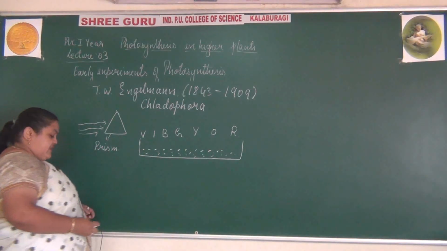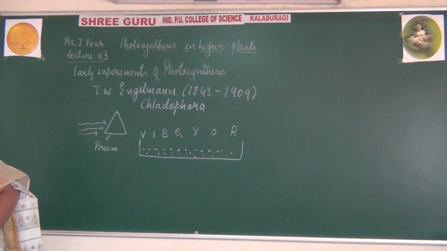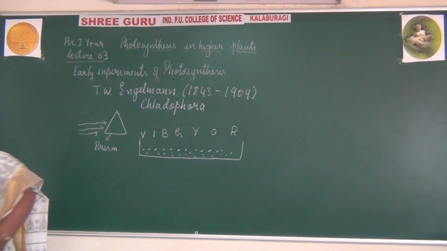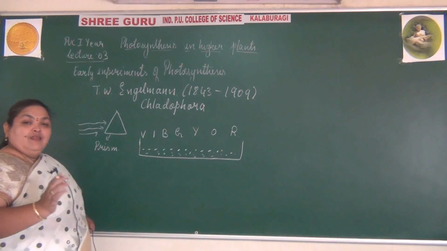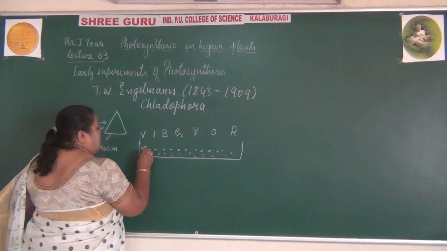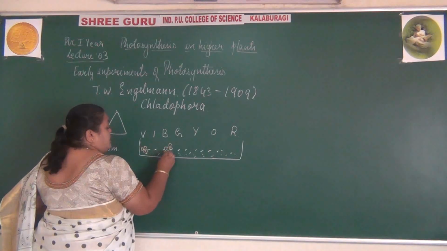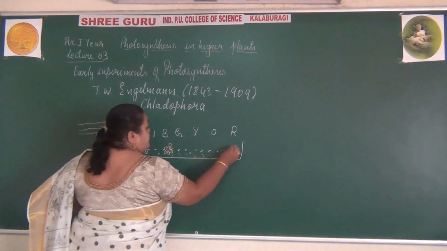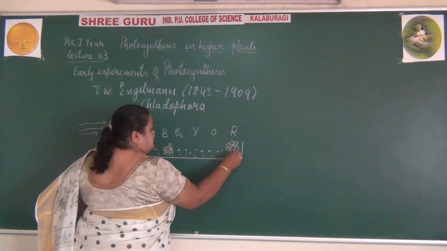And he observed that there was growth of bacteria at 3 regions of light, that is the violet region, the blue region and the red region.